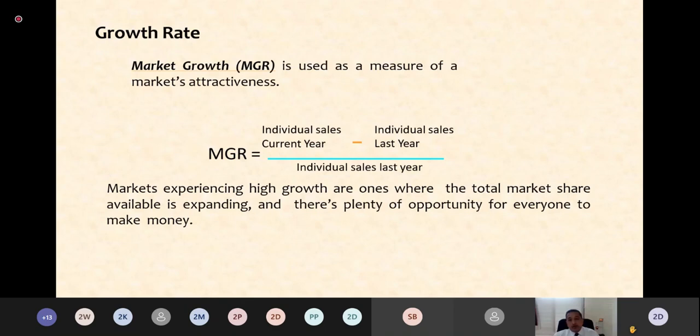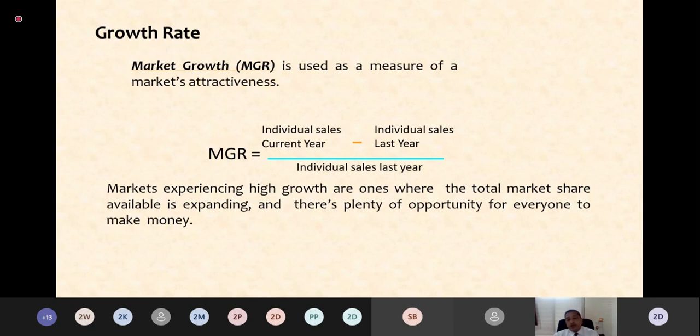Why slowly? Because in the initial period we have to spend more on awareness, advertisements, and promotional programs, and therefore the sales are growing but with slow growth, as customers will take time to adopt the product. And then going ahead, we have the growth stage, wherein there is rapid adoption of the product by customers and the sales will grow very drastically.